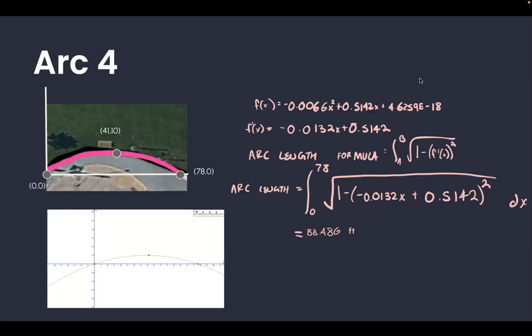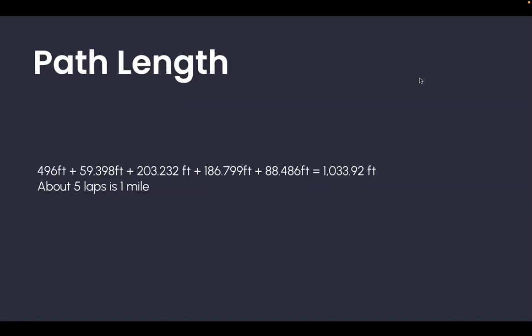I used the arc length formula again, and to find the arc length, I did the integral from 0 to 78 of the square root of 1 plus (minus 0.0132x plus 0.5142) squared dx. And then I got an answer of 88.486 feet.